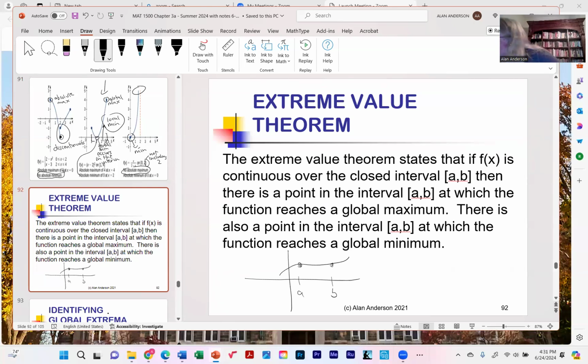Like here, the way I've drawn this would be, actually, let me draw that a little clearer. Just to make it more clear, this would be our global minimum. This is our global maximum because it's only defined over this interval.